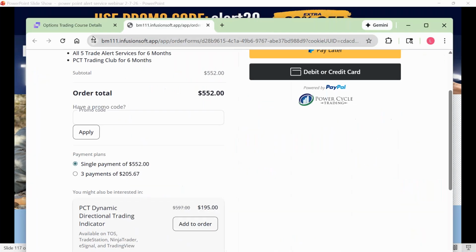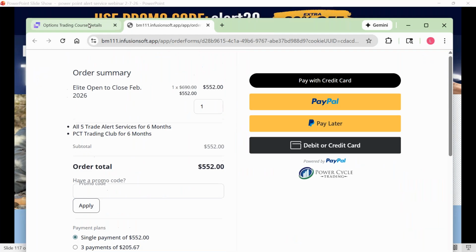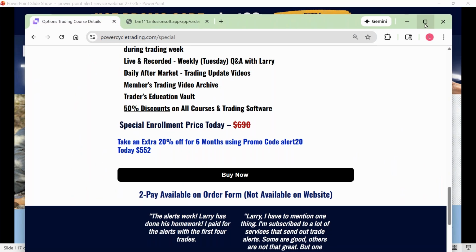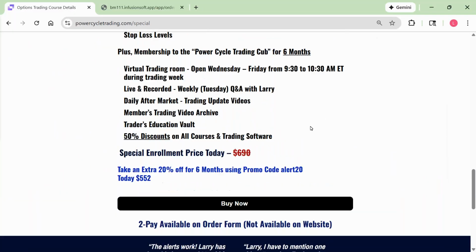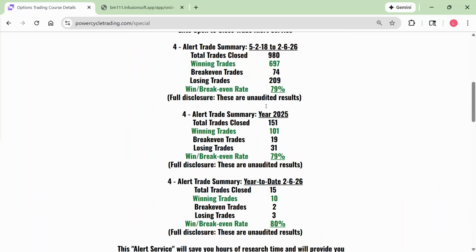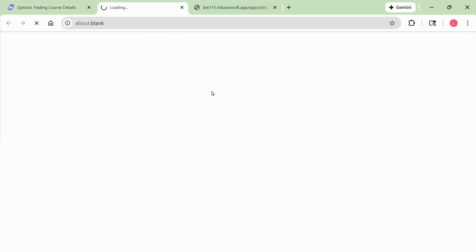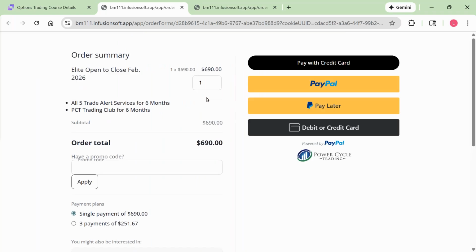All right, so hold on here. Come over to your payment link, and then you'll see everything you're going to get. Come down here, click on Buy Now. Now there's a 1Pay. If you put in for the 6 months, this gives you 6 months of all 5 of my alerts and 6 months of my trading club.